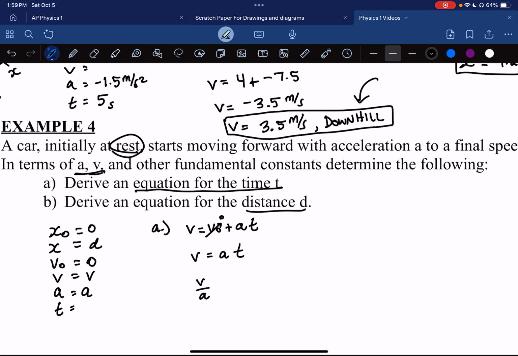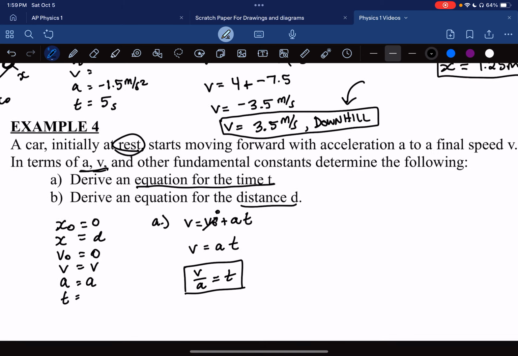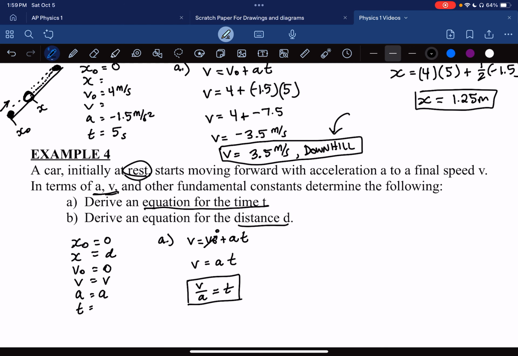That would just be v over a. And that's it. When we're done here, we should always check, is our answer in terms of a and v? And it is in terms of a and v. So we're good. It doesn't say have your answer in terms of t, but we're saying t is equal to v over a, so it's okay to say t equals v over a.